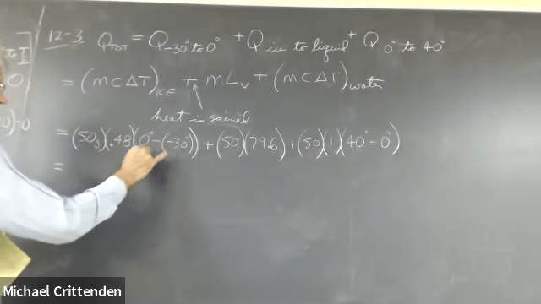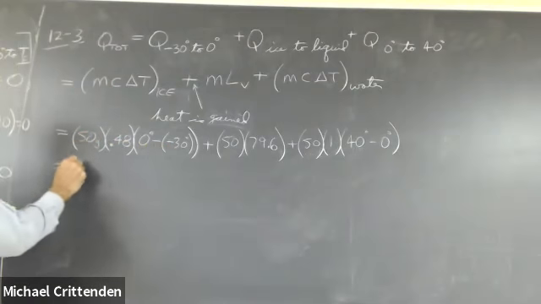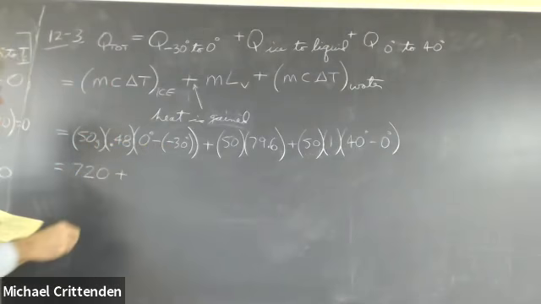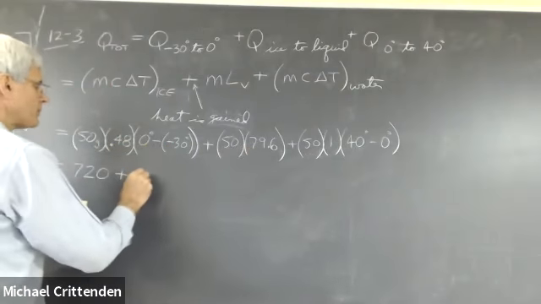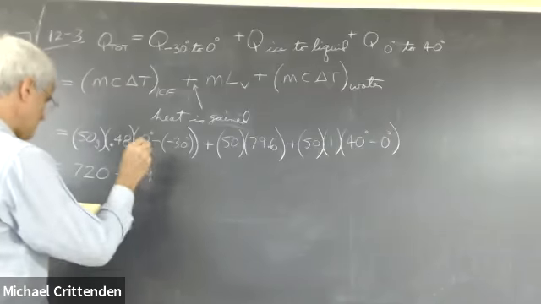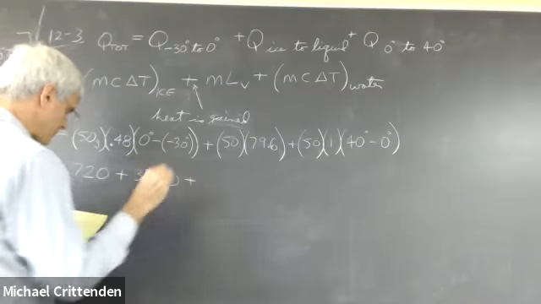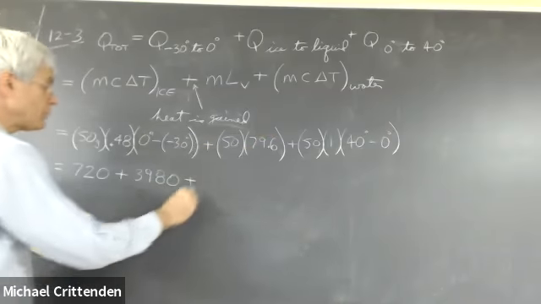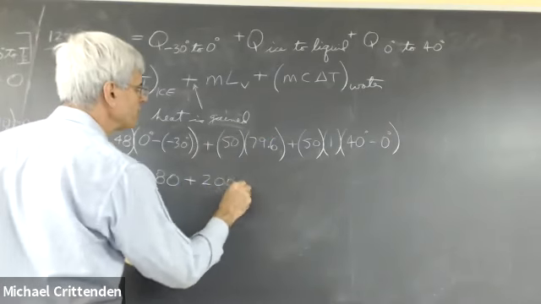Minus cancels, minus becomes a positive 30 times that, 720 calories. 50 times 79.6, 3,980 calories. And then 50 times 40, 2,000. 2,000 even.